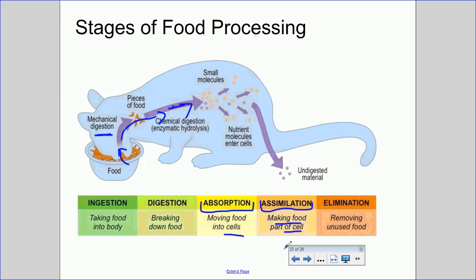So amino acids that have been taken up from the food that has been eaten are used to make proteins that the cell would make. Nucleotide bases that have been absorbed through the food are then used to make things like RNA for the cell or used in DNA replication. And then the final stage is elimination, the removal of any undigested materials.